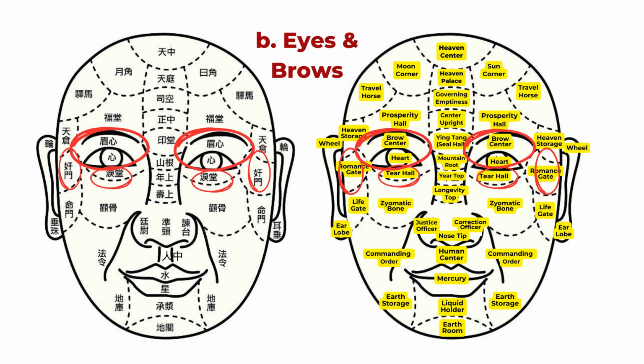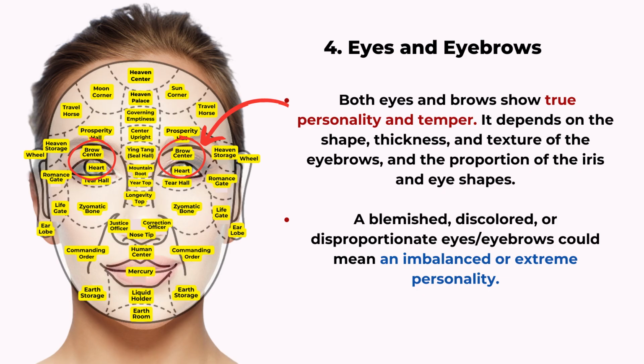The second zone is about the eyes and eyebrows. Both eyes and eyebrows show your true personality and temper. And there are many variations. We'll look at the shape of the eyebrow, the thickness, texture, and the proportion, and also the size of your iris and the white part of the eyes.